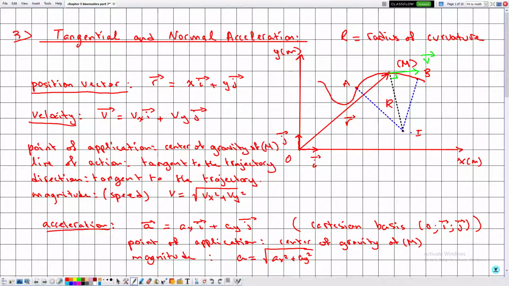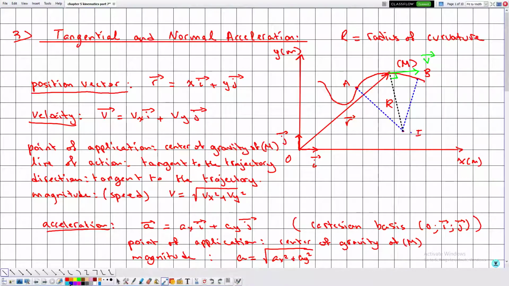So what does at represent? At represents the tangential acceleration, the acceleration tangent to the trajectory.